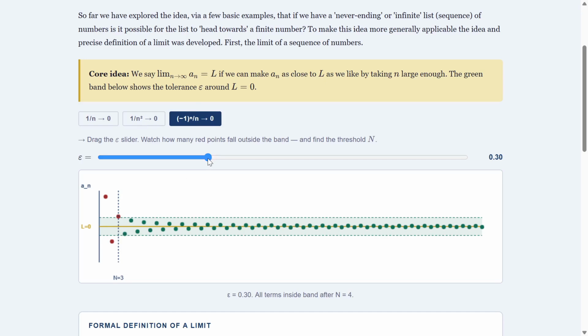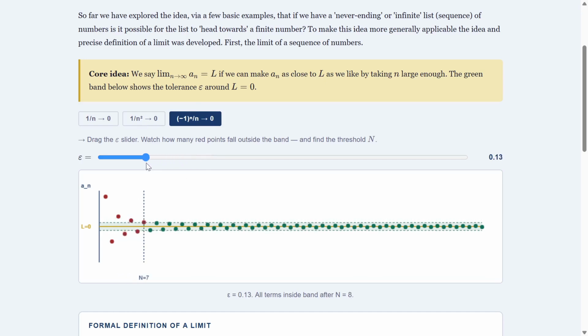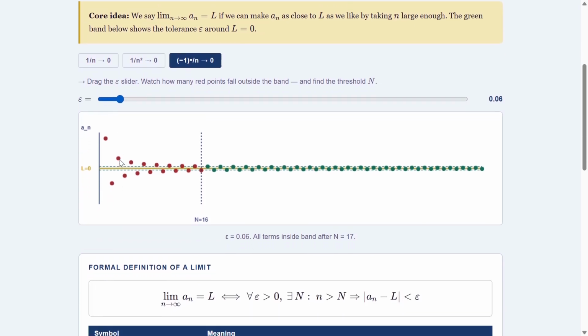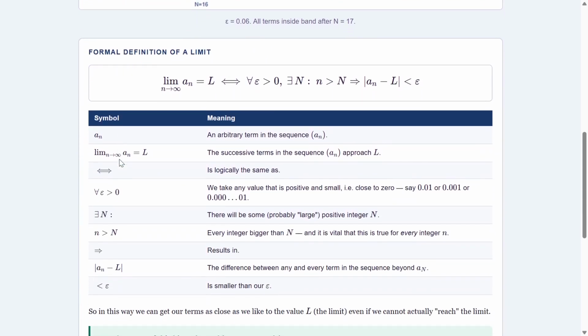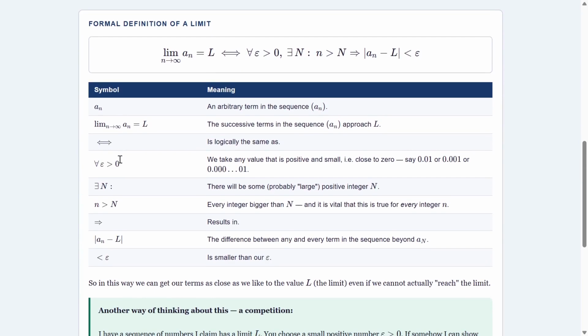If we make our epsilon smaller, our strip or boundary gets tighter, but there is some value for every value of epsilon bigger than 0, for which all subsequent numbers in the sequence will lie within our strip. Now, if we want to convert that idea into formal mathematics, we get this rather intimidating expression.